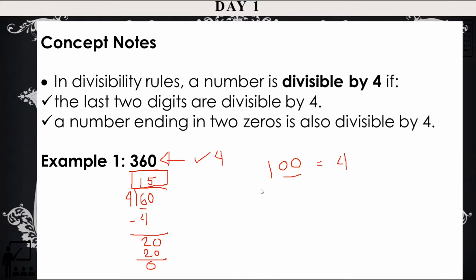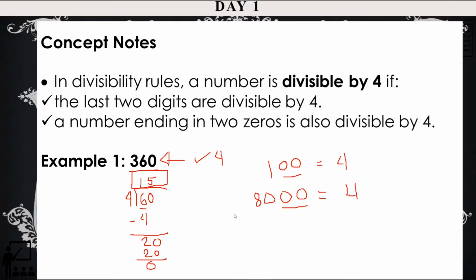Another example, 8,000. 8,000 ends with 2 zeros. So therefore, it is divisible by 4. So that's how we check if a number is divisible by 4.